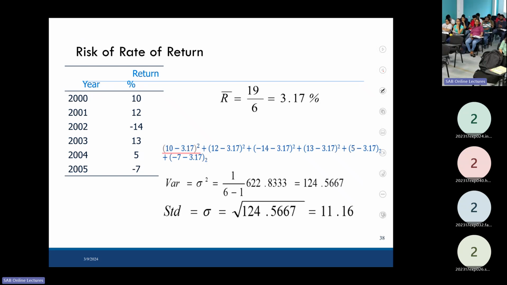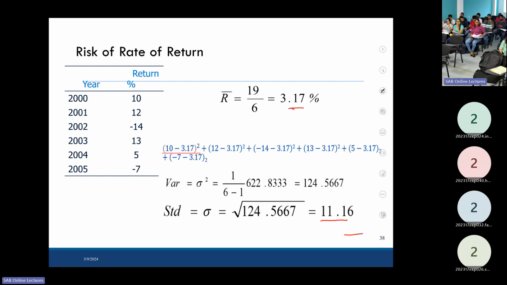In our previous example, the average was 3.17 and the standard deviation 11.16. So by looking at this average and standard deviation, what can you say?